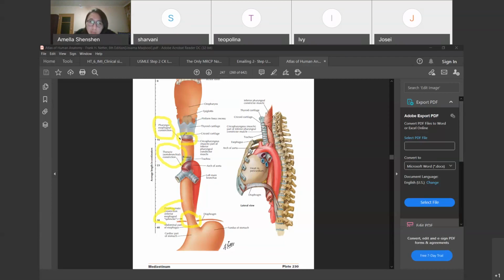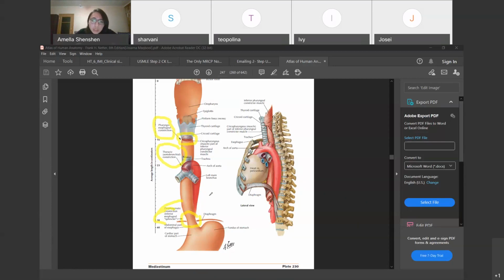When we learn Zenker's diverticulum, when this muscle becomes weak, or the tone of this muscle becomes weak, it will develop an outpouching of the pharynx, and that is called Zenker's diverticulum. We'll talk about that a little bit later and not today. But yes, these are the parts of the esophagus.